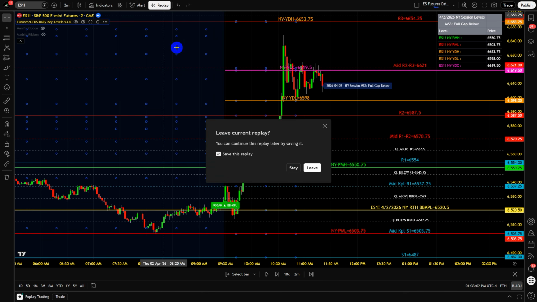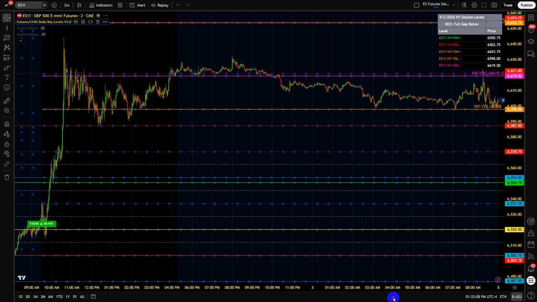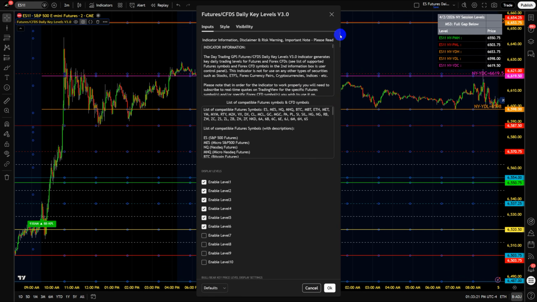So the first thing, we'll just take this out of replay mode. Get rid of these two here. We'll go ahead and get rid of this table here.